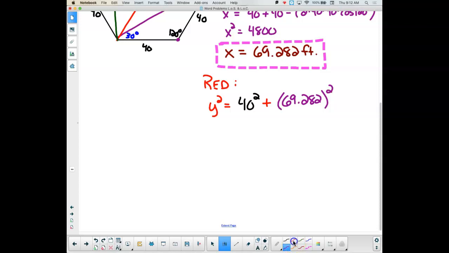So that's going to end up being 1600 plus 4800, which is 6400, and the square root of 6400 is 80.